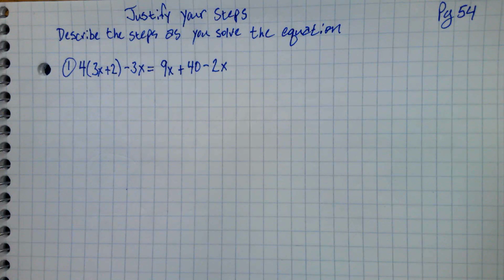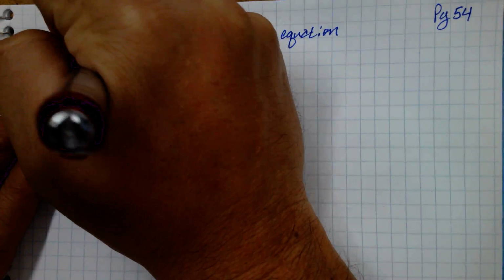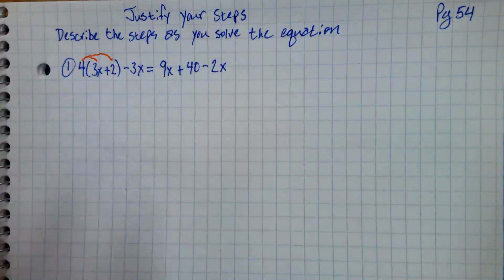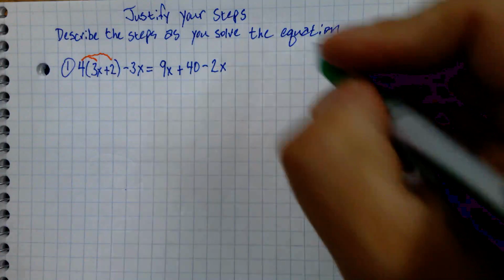And let's start thinking about what's our first move. What are we going to do first? If you run down the list, that's pretty obvious. Distribute. Okay, let's distribute. I'm going to just show that I distributed here. But on the margin here, we're going to write it down.